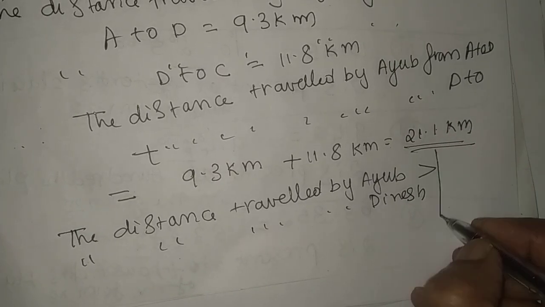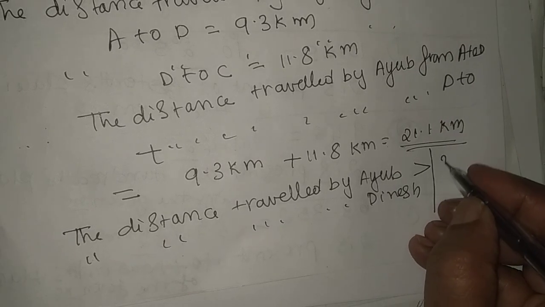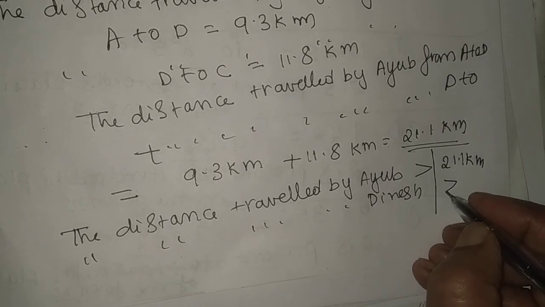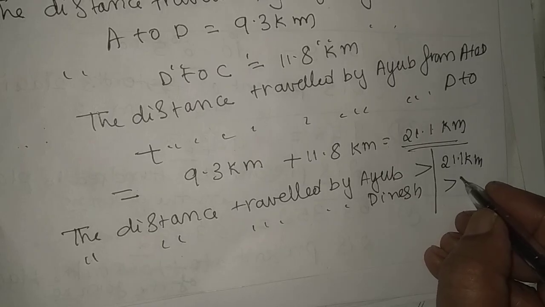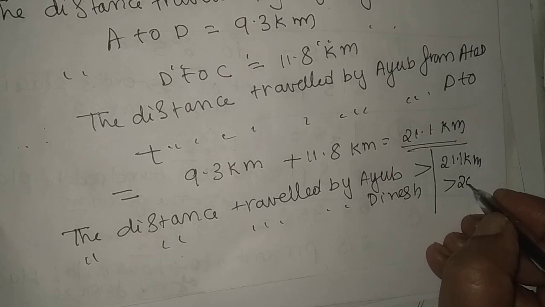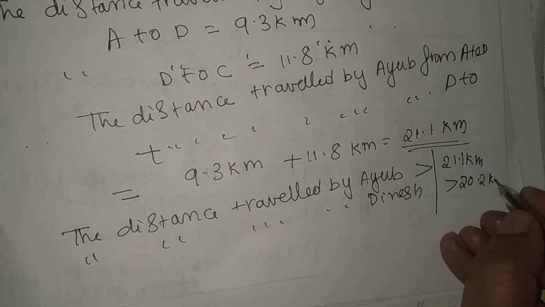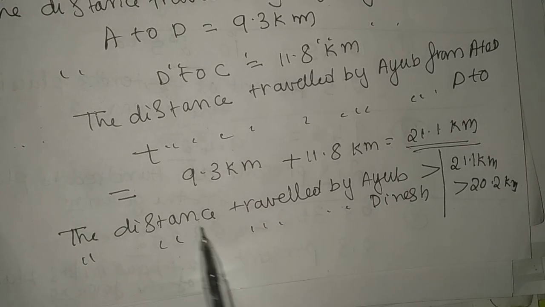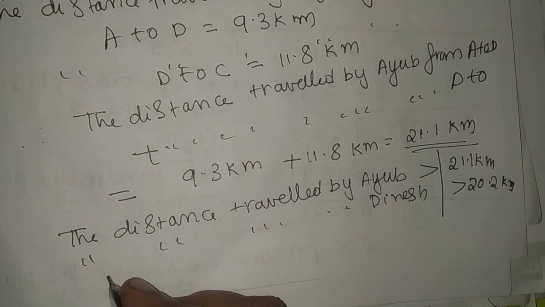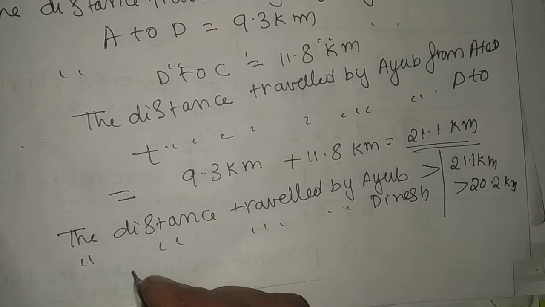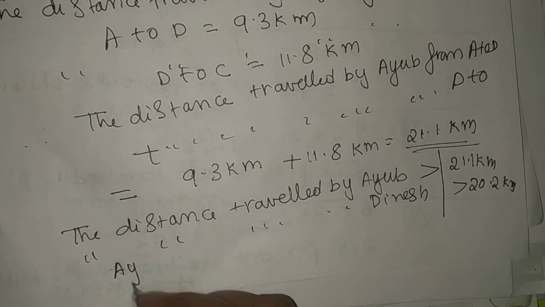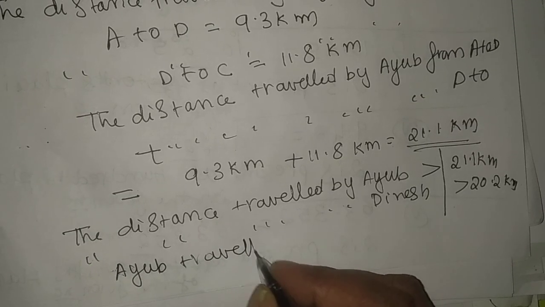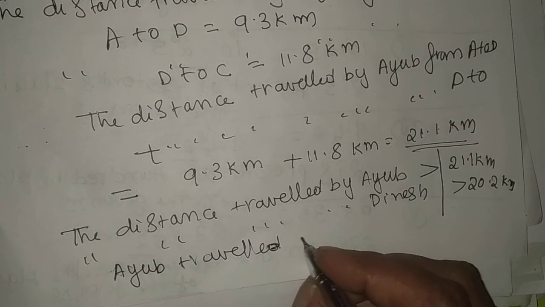So the distance traveled by Ayub, 21.1 kilometers, is greater than Dinesh's 20.2 kilometers. So who traveled more is Ayub. Ayub traveled more.